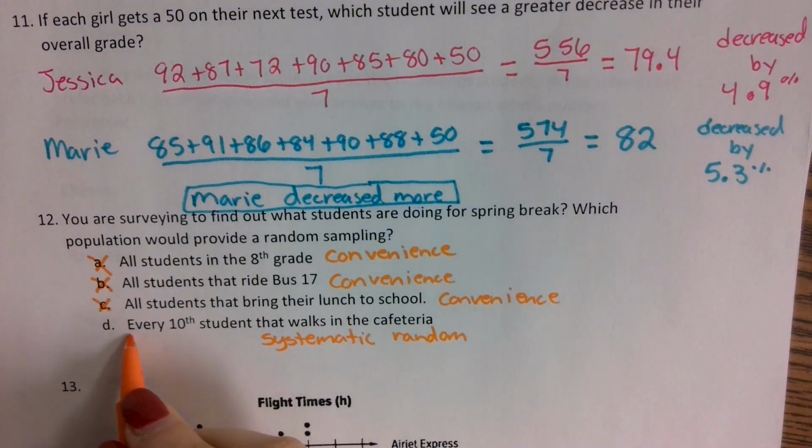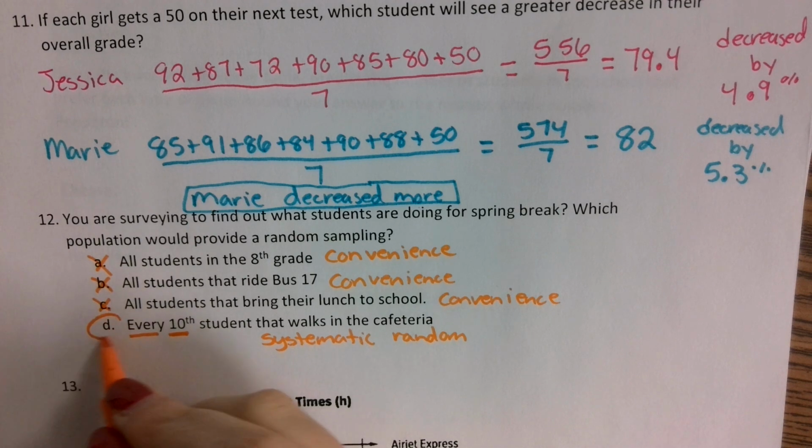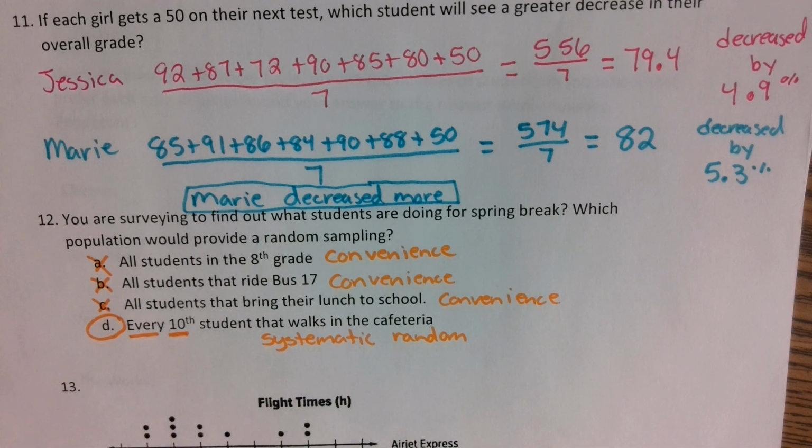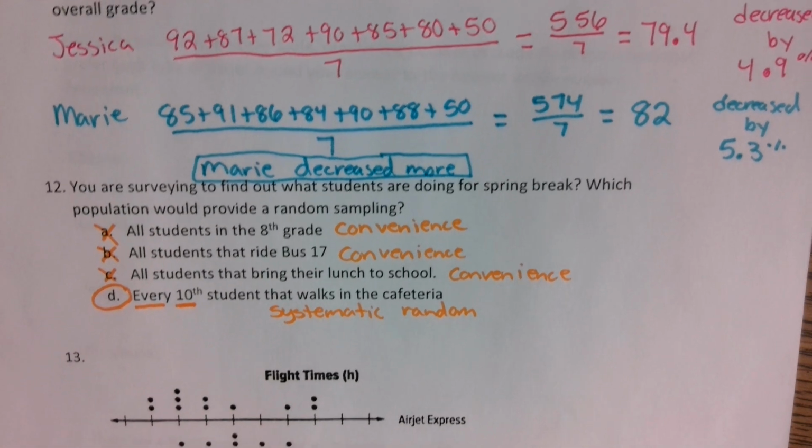The idea of every 10th creates that system, that rule, and the randomness is created by the students walking in. So that is the best method. You want to look for random or systematic random. Anytime you see somebody saying we're going to do this randomly or systematically by following a rule, a pattern, those are the best methods.